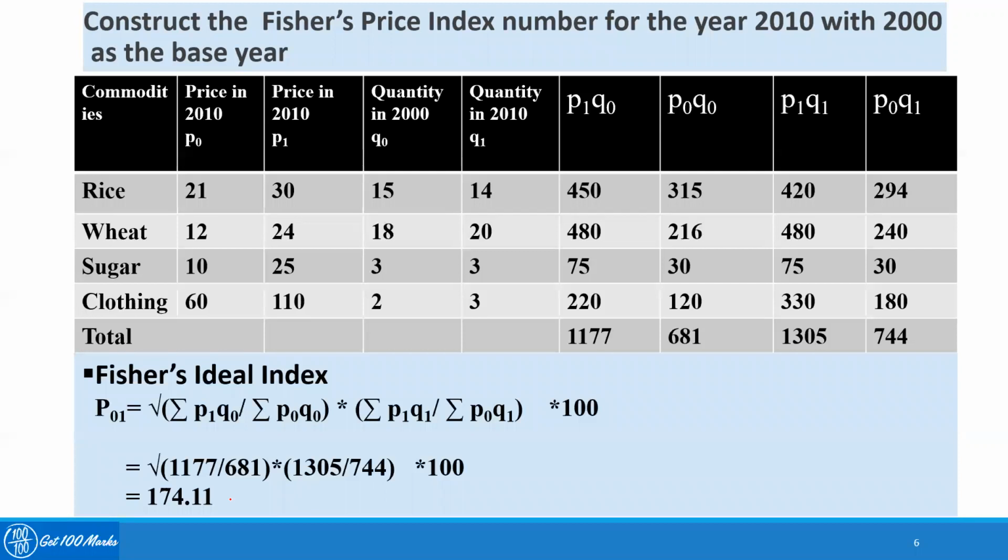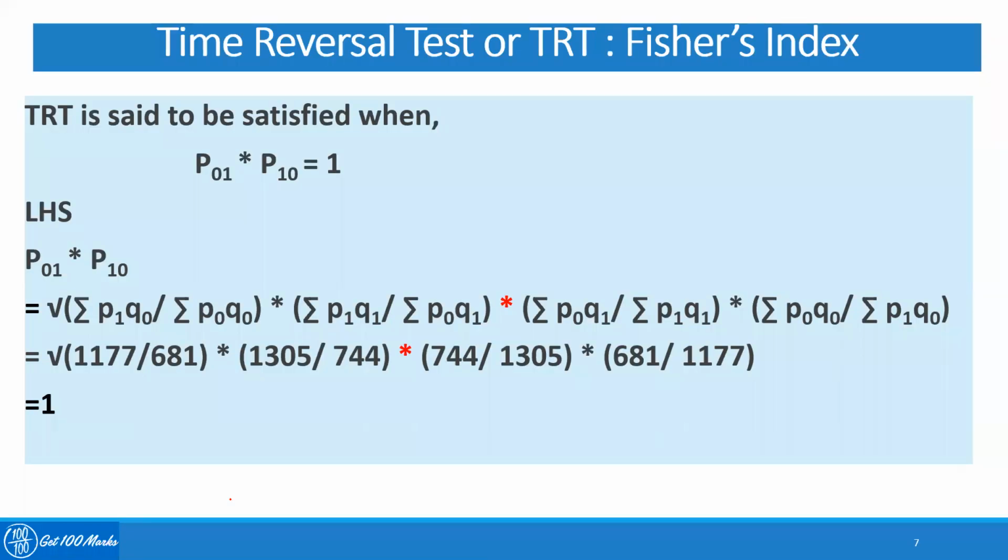The time reversal test says P01 into P10 should be equal to 1. I'm writing the left hand side P01, which is nothing but the Fisher's formula, square root of summation P1 Q0 by summation P0 Q0 into summation P1 Q1 by summation P0 Q1.